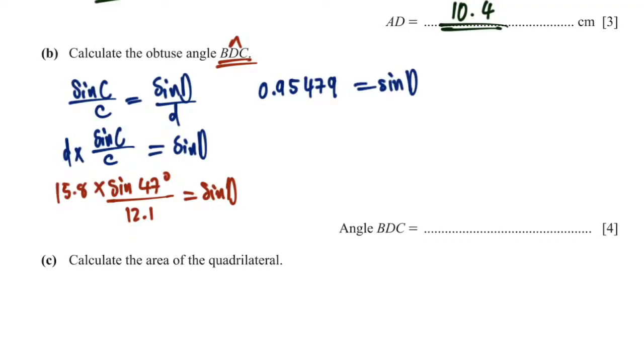So let me do it. 15.8 times sine 47 divided by 12.1. 0.95499, not 79.